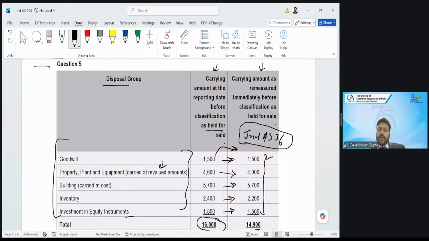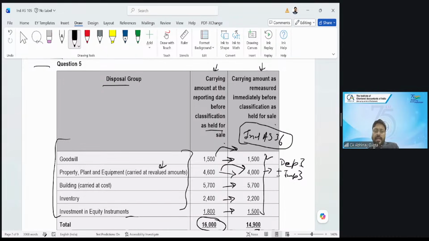Then for property, plant and equipment, what adjustment would be there? So if the PP&E was carried at 4600 and now it is remeasured on the date of the classification, then one adjustment is the depreciation, right? Another adjustment possible could be impairment, right? So depreciation and impairment could have been the two adjustments which might have happened, and hence bringing the amount from 4600 to 4000, which is also given in the question.